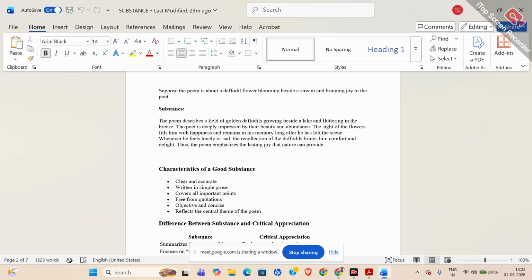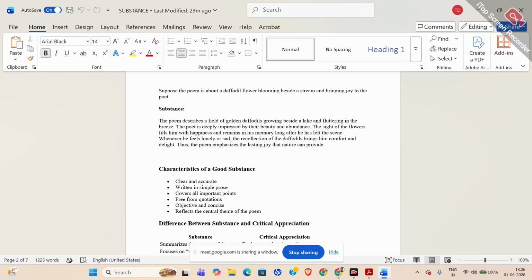their beauty and abundance. এগুলো সবই present tense এ লিখবে। এবং his heart fills up with joy when he saw the flowers, and he carried within his mind or his heart the image of those daffodils. It was a kind of a beautiful and joyful memory.